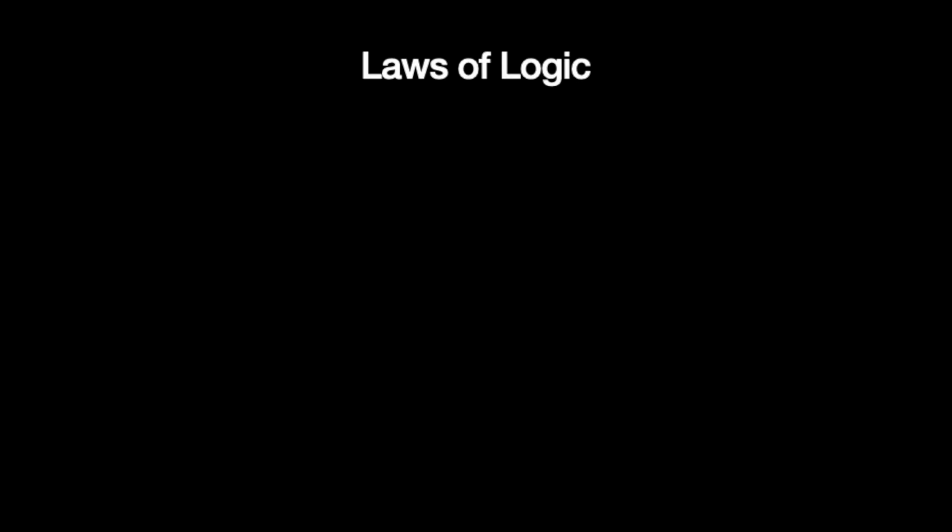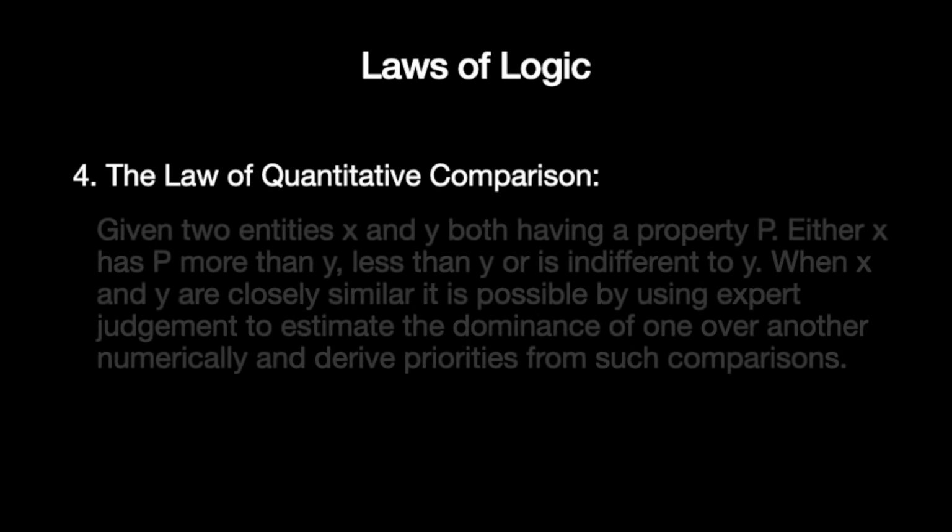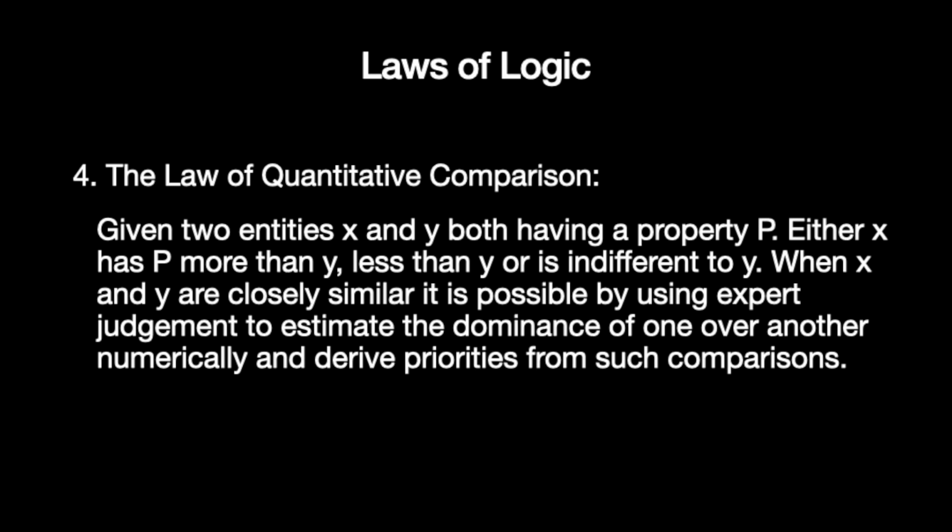4. The law of quantitative comparison: given two entities, x and y, both having a property p, either x has p more than y, less than y, or is indifferent to y.